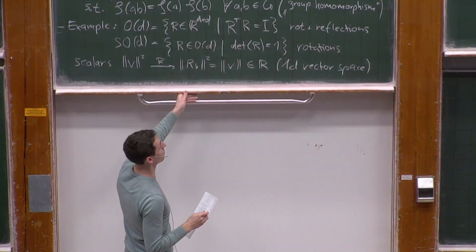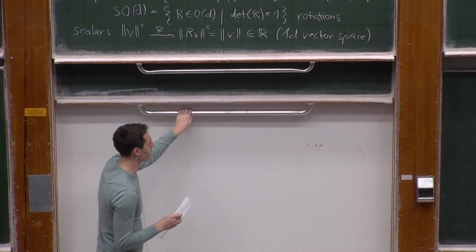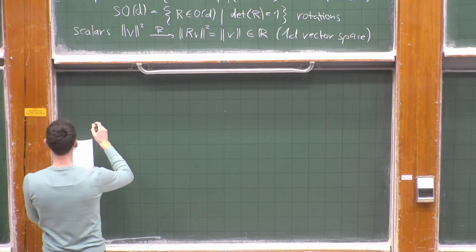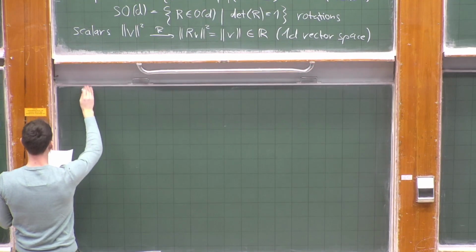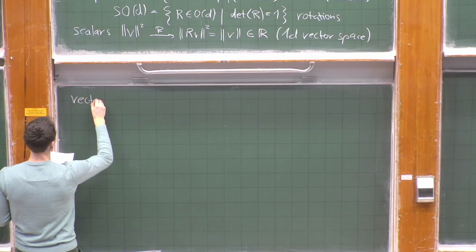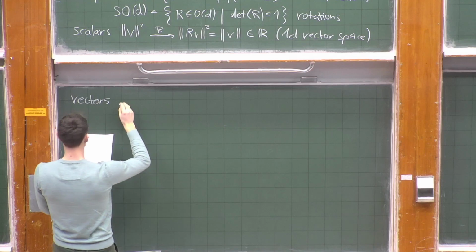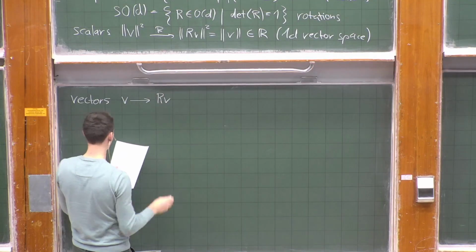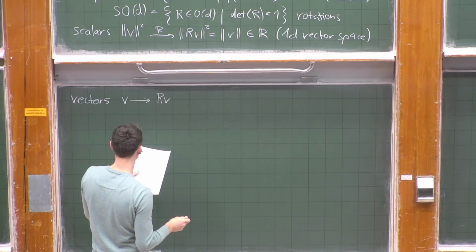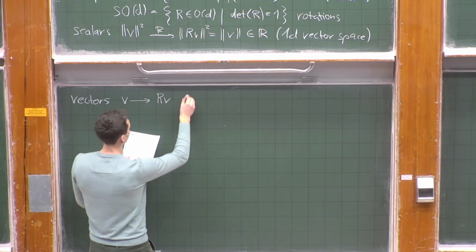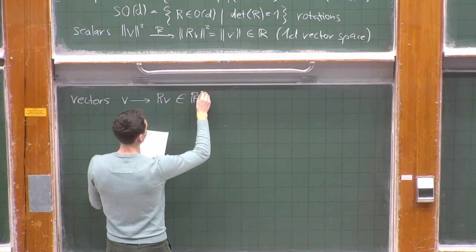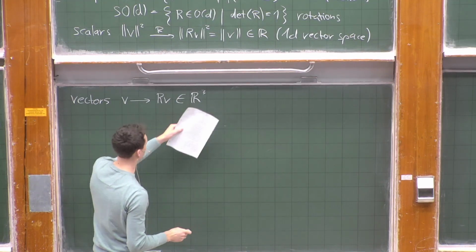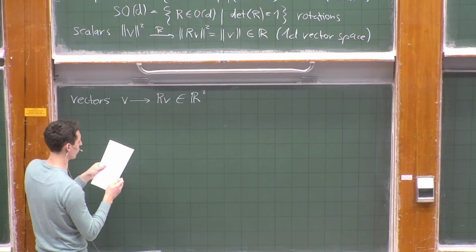And the other example that we've already seen are vectors. For the case of the velocity, for example, we saw that if we apply a rotation on this velocity, we get out the rotated vector, and this is a non-trivial representation which acts on the three-dimensional Euclidean space.